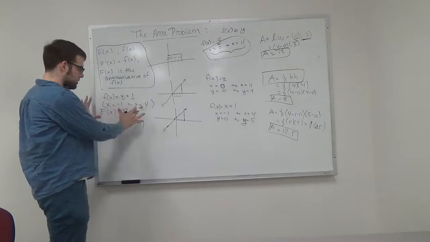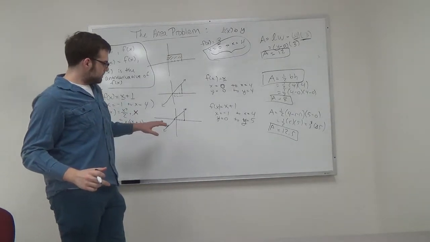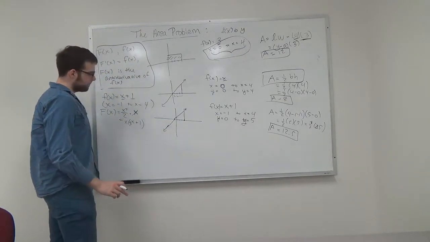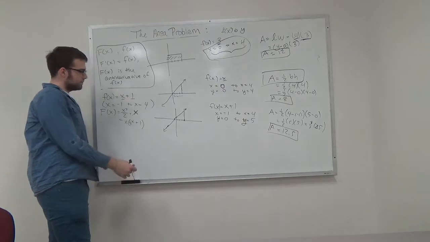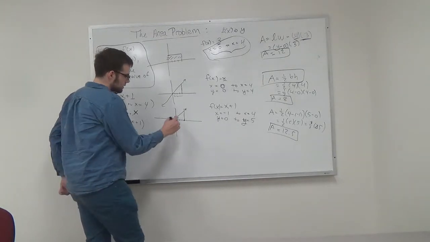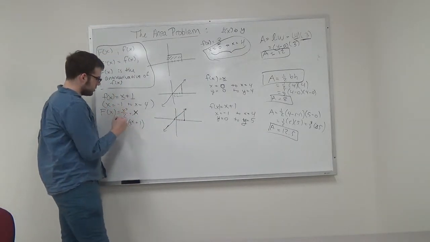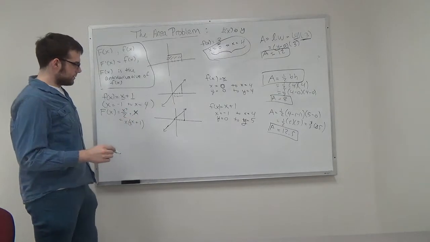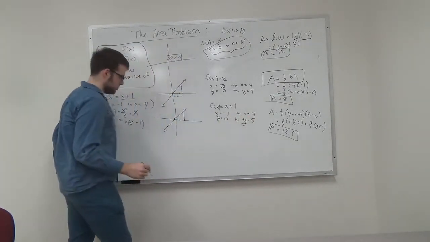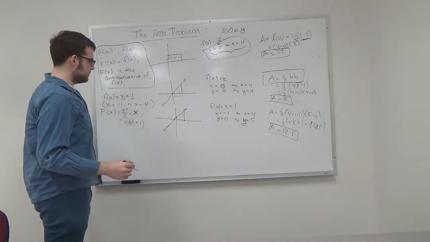So let's just set this aside for now. Okay, so let's look at this: x squared over 2 plus x from x equals -1 to x equals 4.